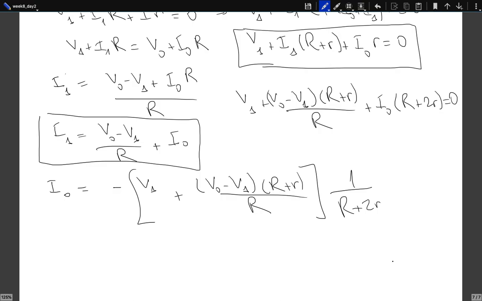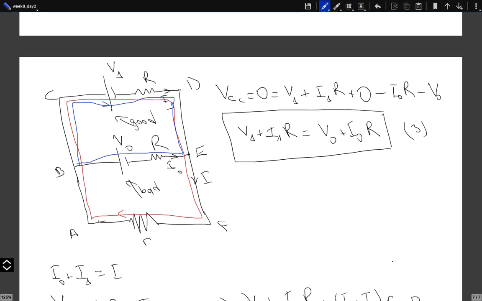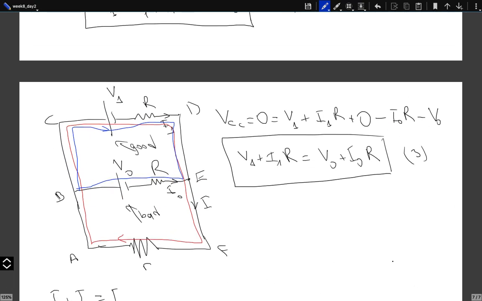What should be the sign of I0? Well, what I expected, to be honest, you see, if V0 and V1 are equal, they are both good enough batteries. And let's say if small r is infinitely huge, so that no current runs through that.